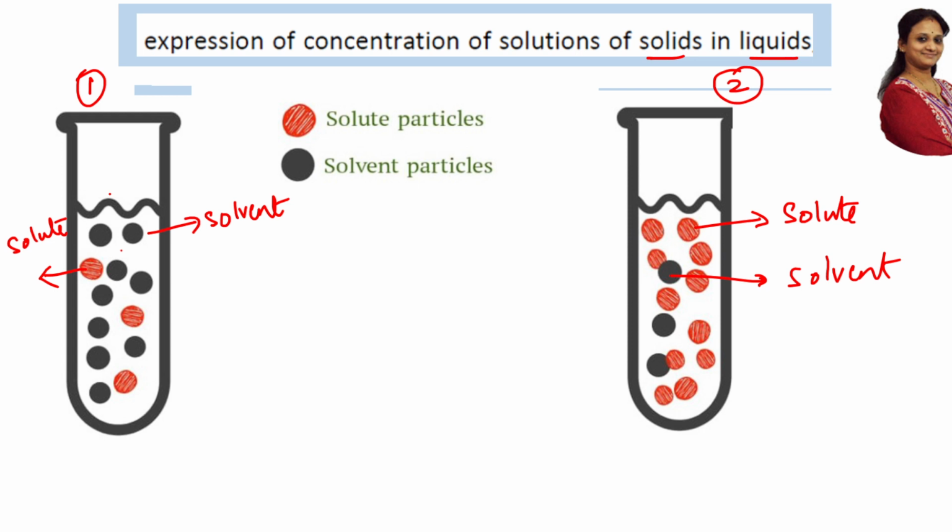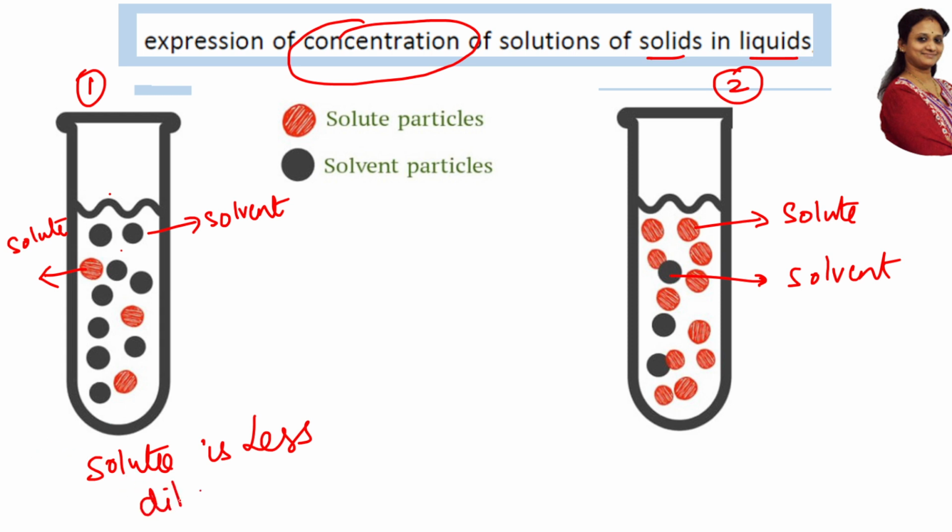Why are we talking about solvent and solute, more in a few and less in others? If the solute is less, the test tube has more water. If more of water is there, it is called a dilute solution. If the solute is less, indirectly the solvent is more, and that is called a more dilute solution.